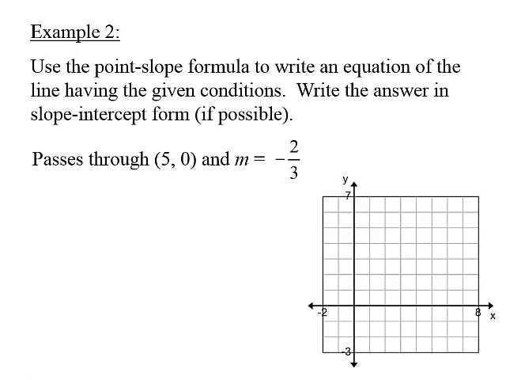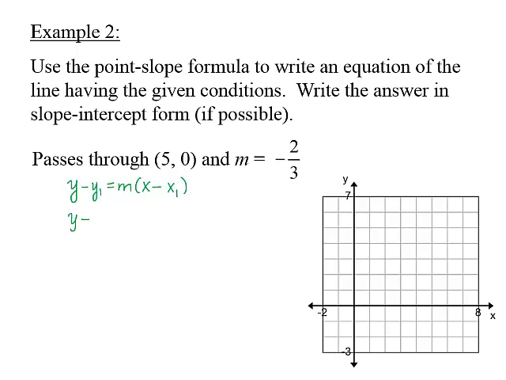Another example is to write the equation of a line using the point-slope form through 5, 0 and a slope of negative 2/3. y minus y sub 1 equals m times x minus x sub 1.